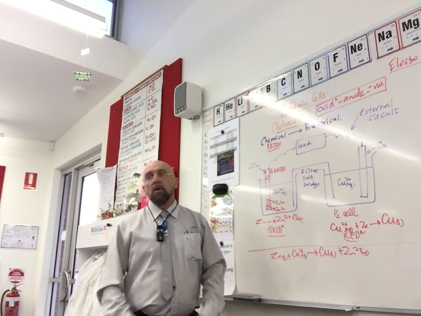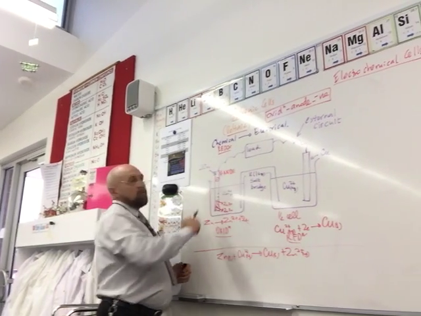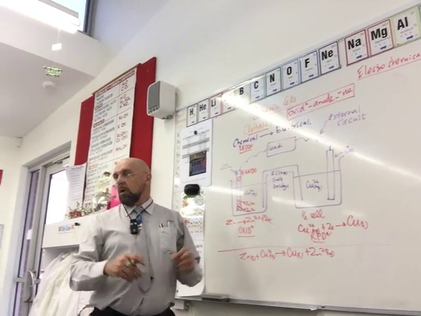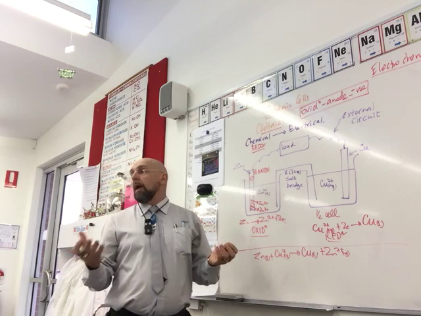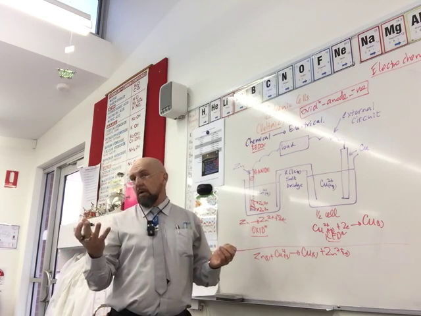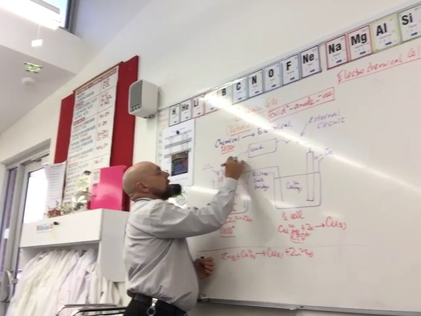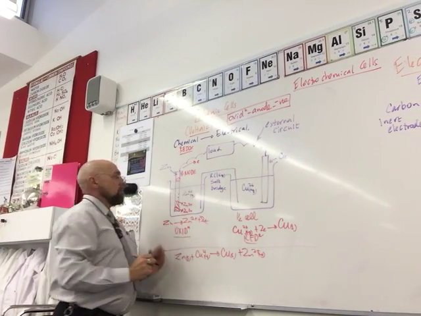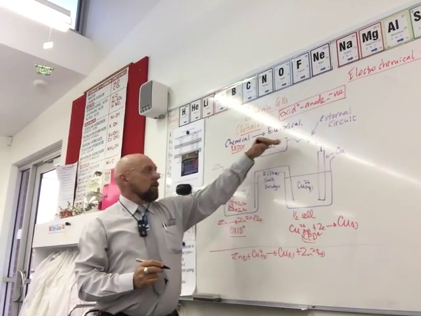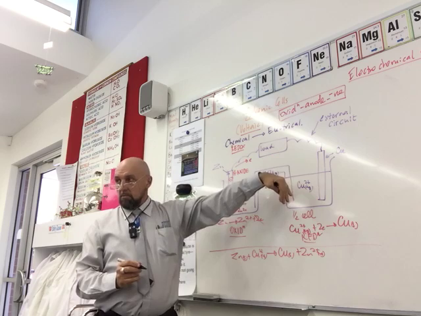Electrons. Okay? So if I hook up a piece of wire to a negative terminal, it's going to repel. Electrons will repel one another. So the electrons will flow from the anode in the external wire to the cathode.